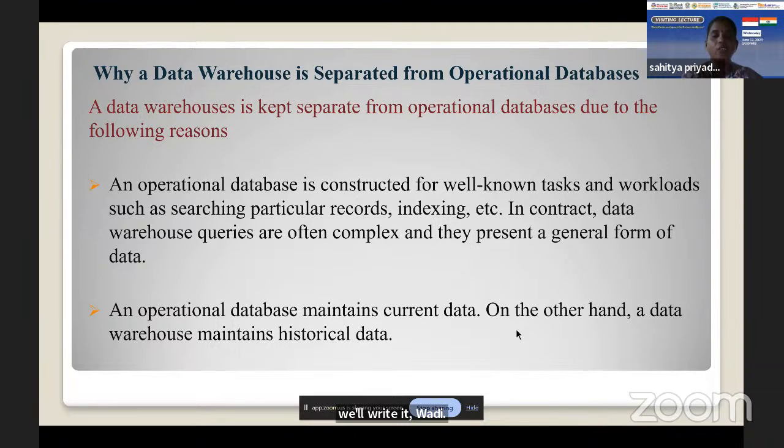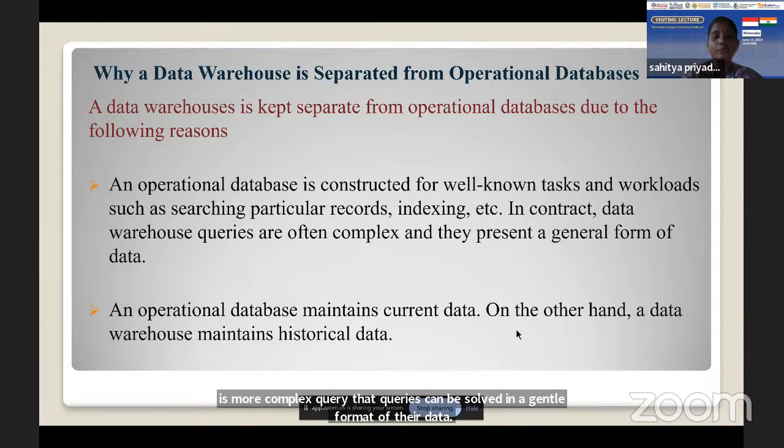A particular record can be searched there. There is also an indexing method in a database management system, indexing based upon register number or the names of the students in alphabetical order. But when you go for data warehousing, we solve more complex queries, which can be solved over the data in a general format. That is the first difference.